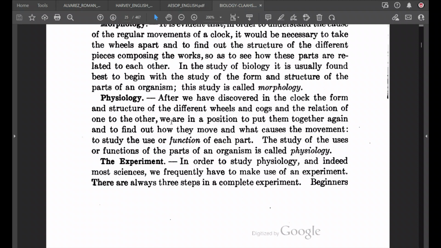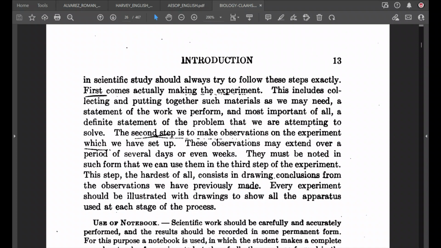There are always 3 steps in a complete experiment. And beginners in scientific study, it's like learning to ride a bike with training wheels. You're told how to do it, and you need to follow instructions carefully until you get some experience. Beginners should always try to follow these steps exactly.